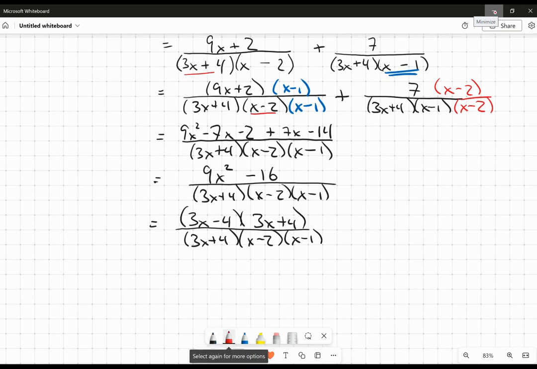Wonderful. And now the 3x plus 4 terms are both common, so I can cancel that out, and I'm going to be left with 3x minus 4 over x minus 2, x minus 1. Now, I lost a factor from the denominator, so I really have to point out that I lost an obvious non-permissible value, and that was where 3x plus 4 went to 0.